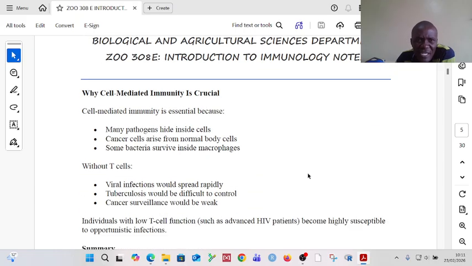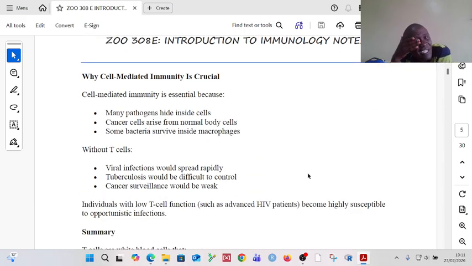So is cell-mediated immunity crucial? The answer is yes. And why is it so? It's because there are many pathogens which are found multiplying inside our cells. Equally, we have abnormal cells as a result of cancer.